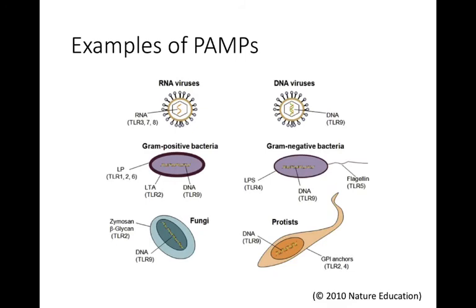You'll also see that DNA and RNA are actually associated molecular patterns as well. We're not going to go into the reasoning of why they particularly are considered PAMPs, but if you are interested, please feel free to ask.